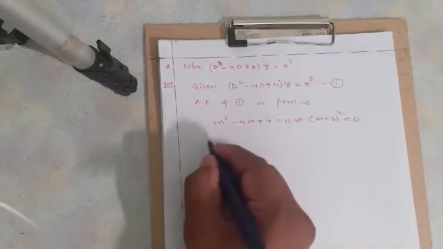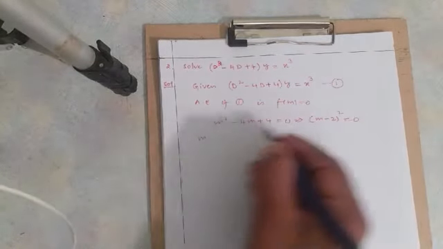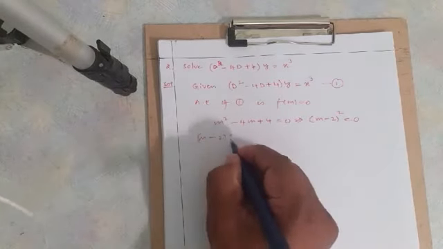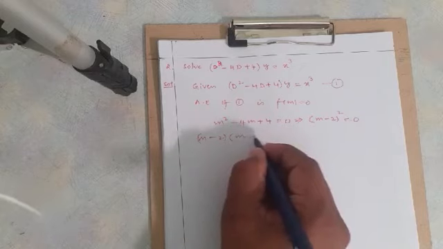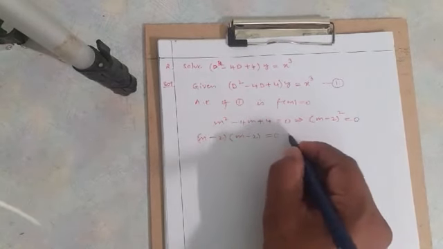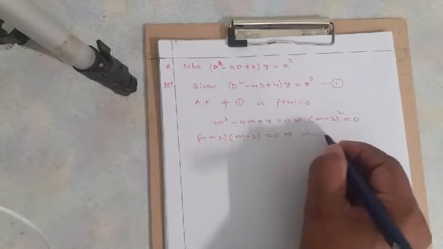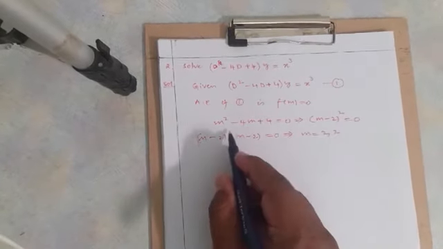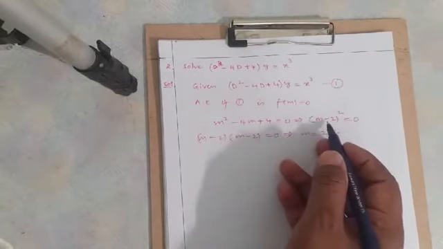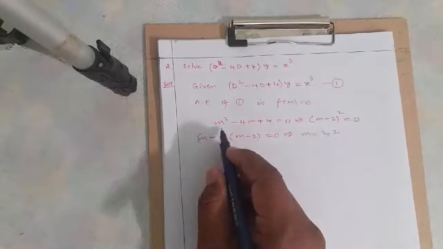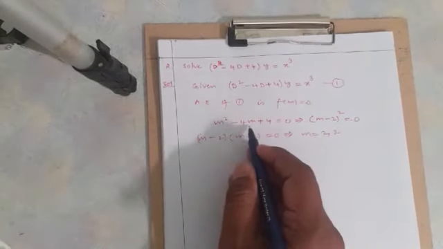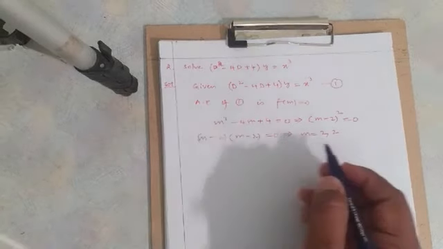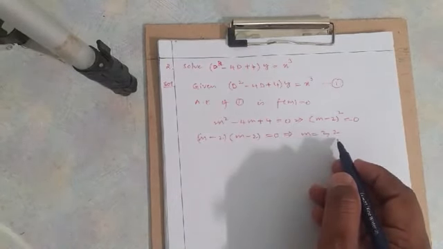Now the roots become m minus 2 into m minus 2 equal to 0. M is equal to 2 comma 2, we get 2 roots. You can see here we have written it in a minus b whole square, as a square plus b square minus 2ab is nothing but minus 4m. So we got m equal to 2 comma 2.